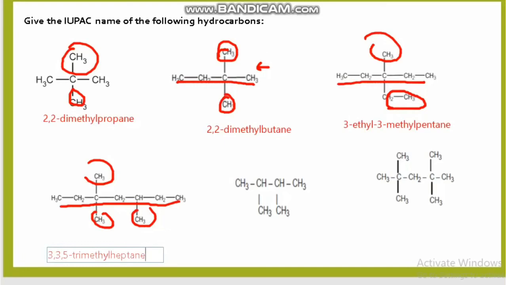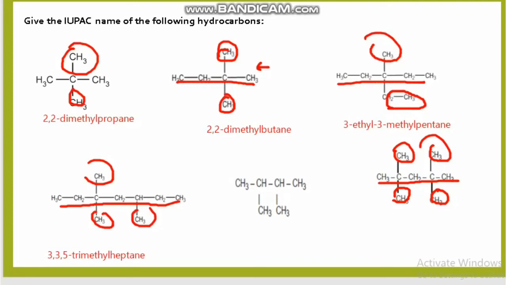In this structure, as you can see here, we have 1, 2, 3, 4, 5 carbon atoms, and we have 4 identical branches. We have a methyl and another methyl, and a third and a fourth. Now, if we number from this side or this side, the numbers will be the same. This will be the second, and this will be the fourth.